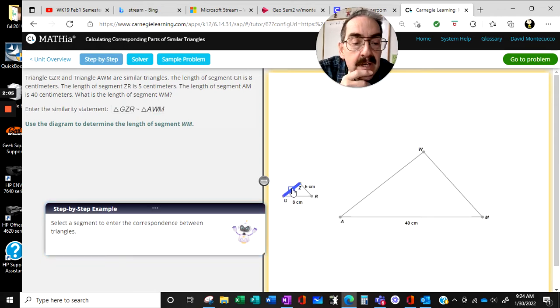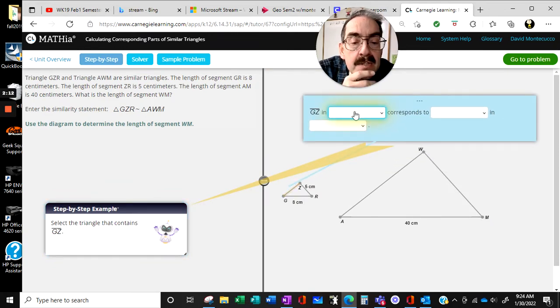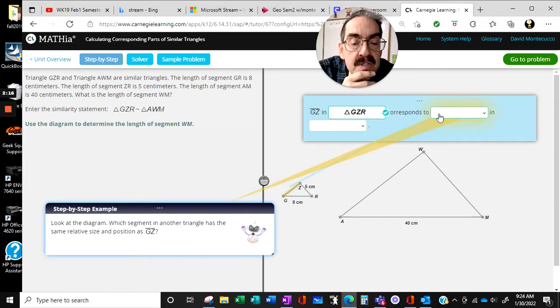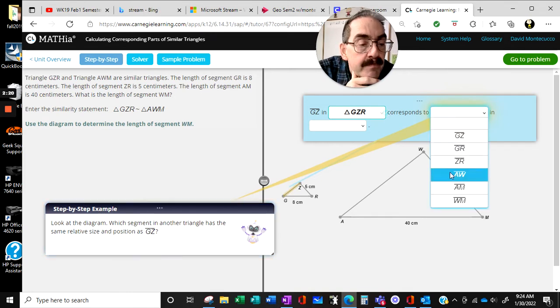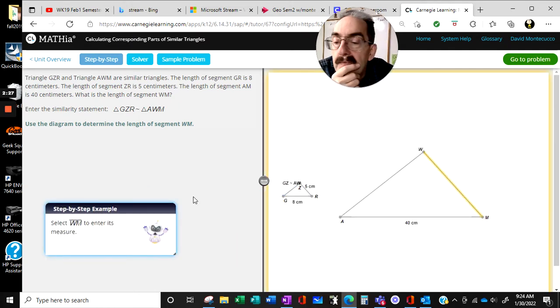Okay, so we're going to click here. GZ in triangle GZR corresponds to AW, right? AW in triangle AWM. Cool.